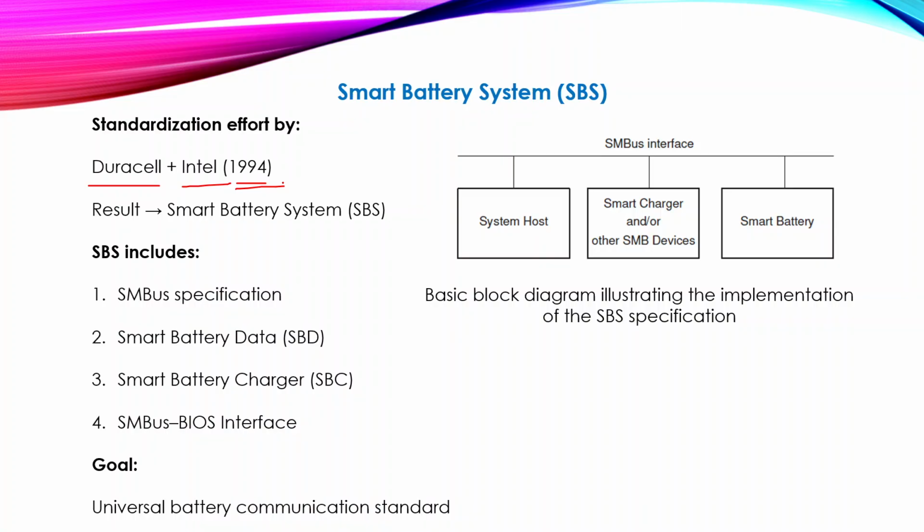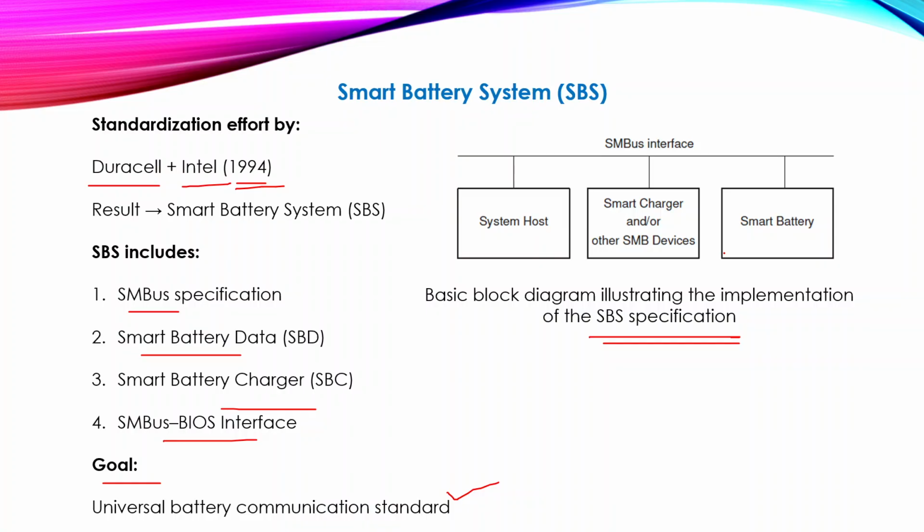The specification includes SMBus, battery data format, charger specifications, and interface to the computer BIOS. The main goal is a universal battery communication standard. This block diagram shows the basic implementation of the SBS specifications.